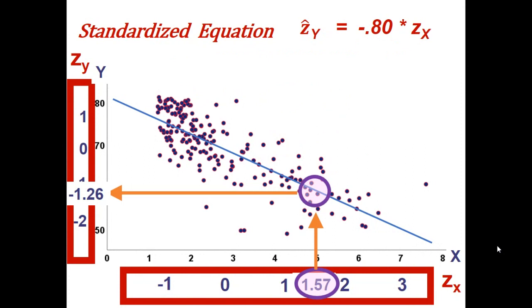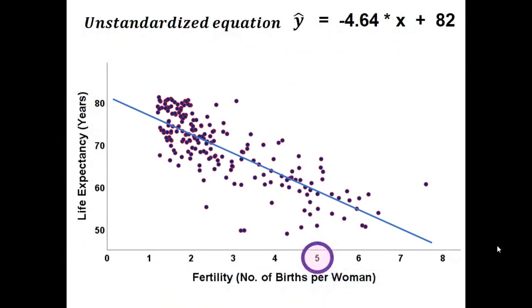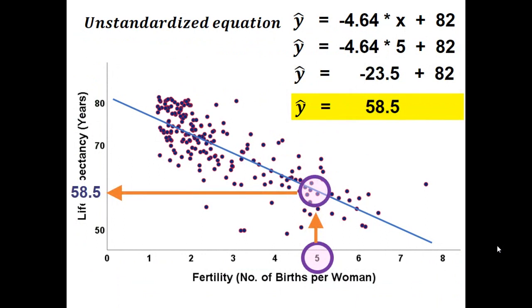Okay, now that we're here, I'm going to show you something. Here's our z-score of 1.57. It's equivalent to an unstandardized score of 5. Now I want you to watch the prediction point and the arrows when we switch to the z-score of 1.57.